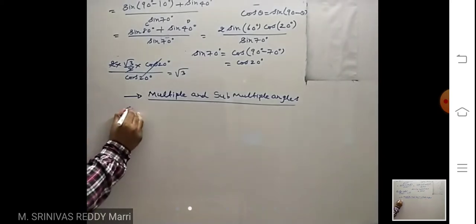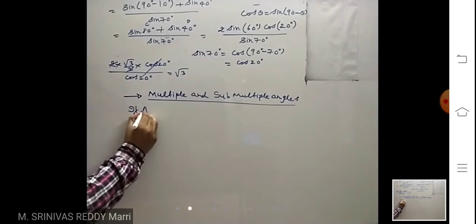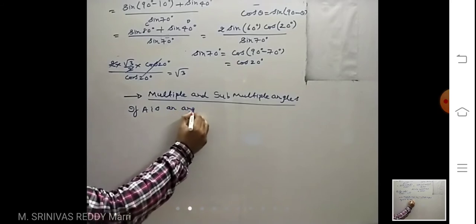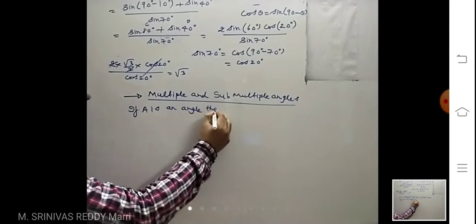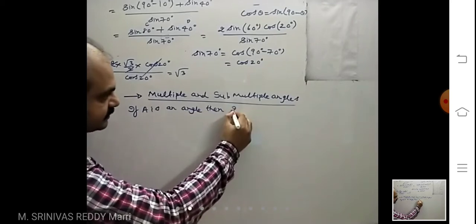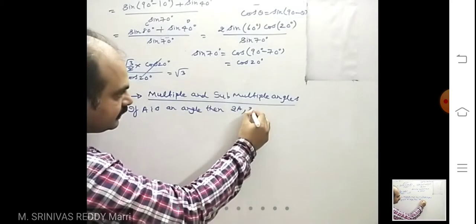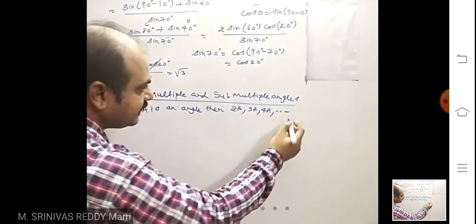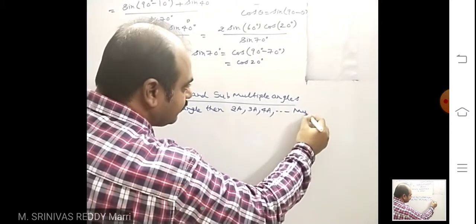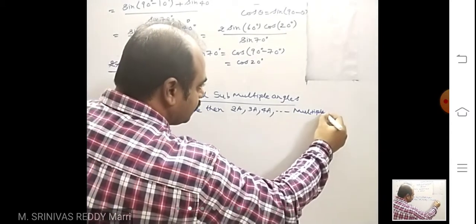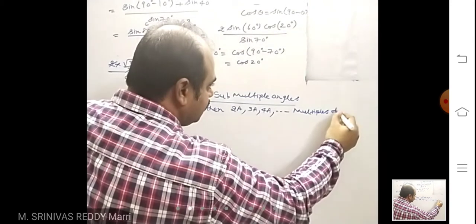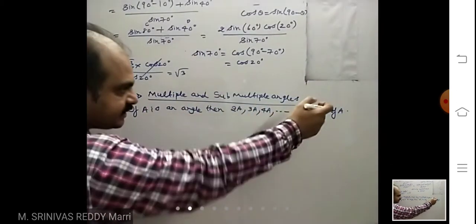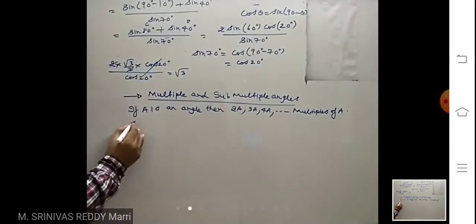If A is an angle, then multiple angles means 2A, 3A, 4A, like that. These are called multiples of A. These are called multiple angles of A.